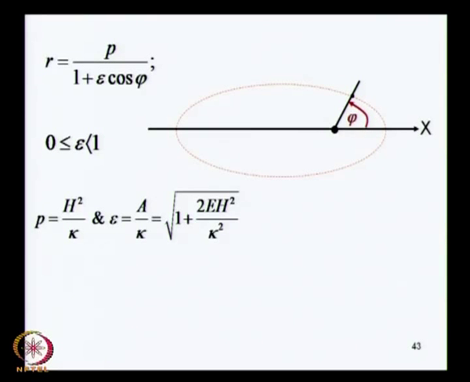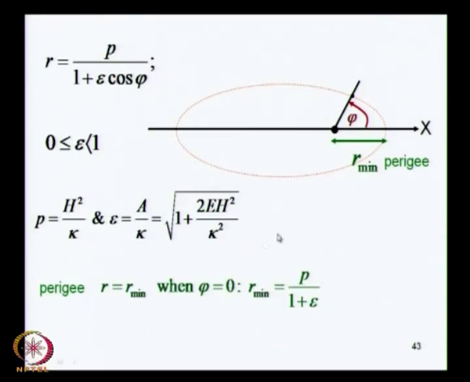Now, these are the essential parameters. Now, this distance, which is the minimum distance, let us deal with ellipses, because these are the closed orbits that we have to work with for satellite trajectories or for orbits of planets in the solar system. The closest approach is what is called the perigee. This is the point of perigee.